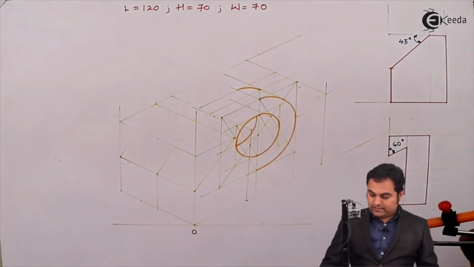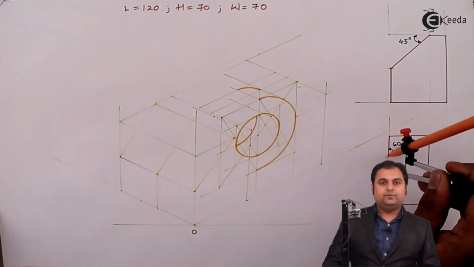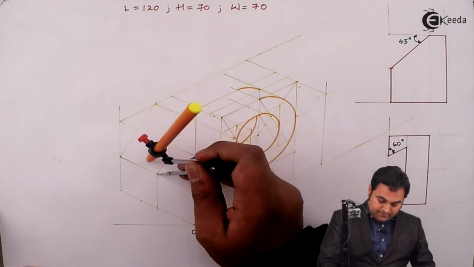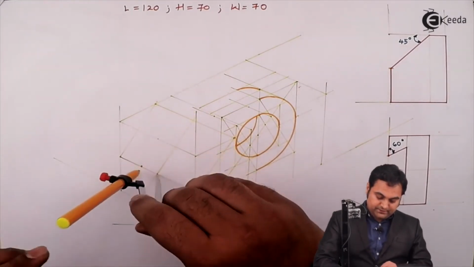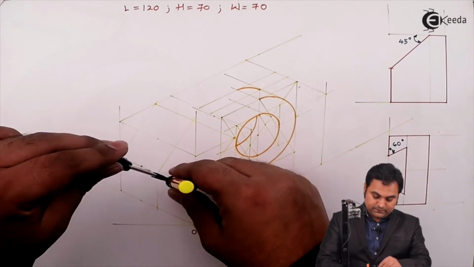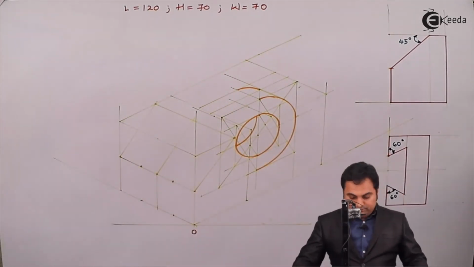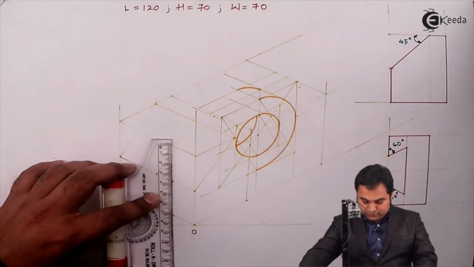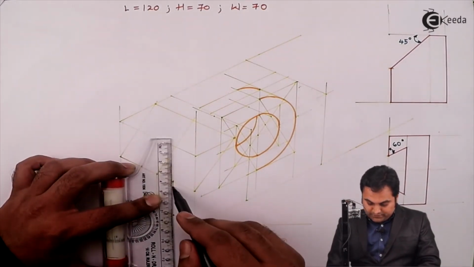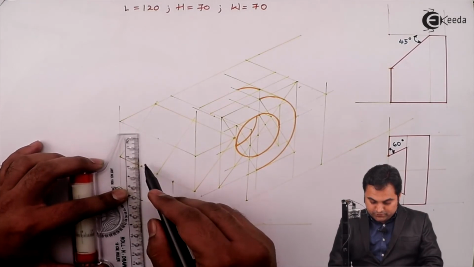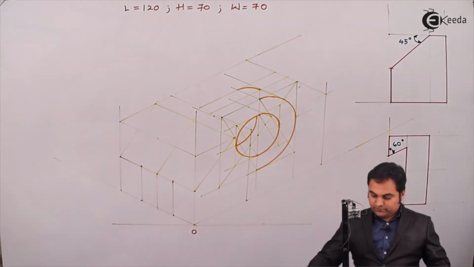So here, as I have measured the distance from the center up to this point, I am marking it on this side as well as here. After that, I'll draw light lines through them, connecting these 2 points because this surface will be visible.